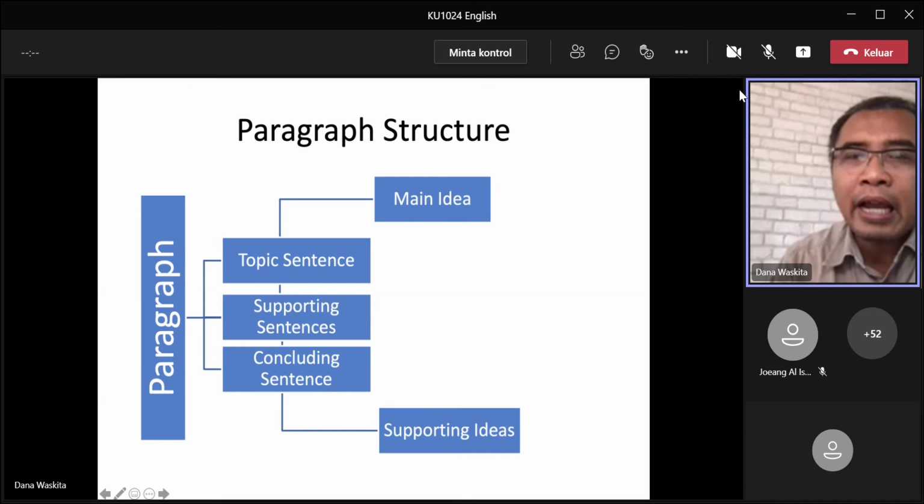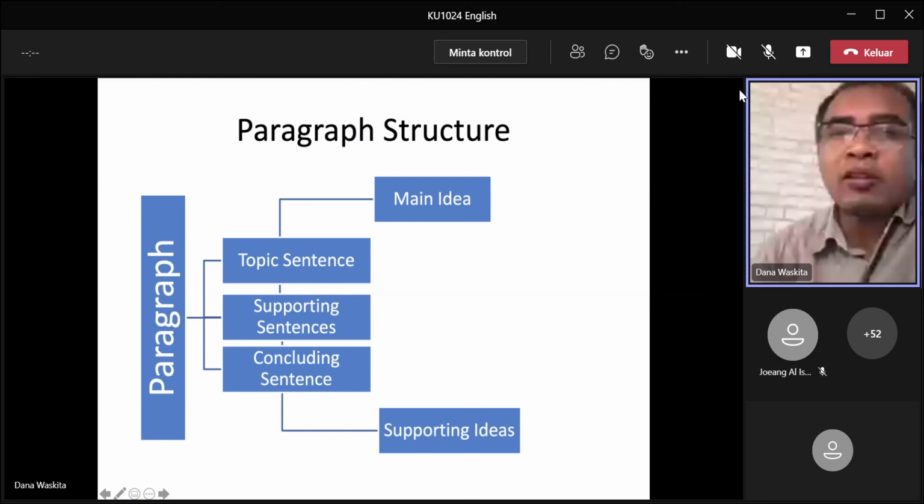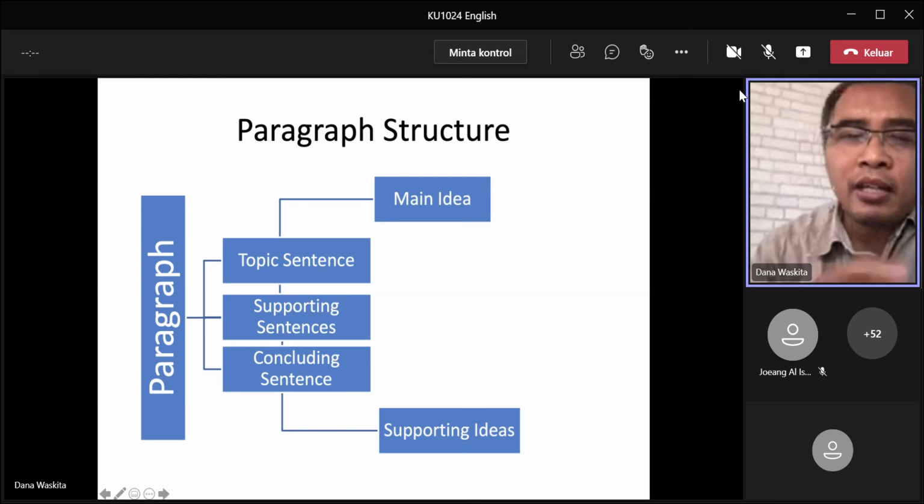Ya, jadi ada yang tersirat, ada yang tersurat. Kalau topic sentence-nya sama dengan main idea, atau kalimat pertamanya mencakup gagasan yang ada di paragraf itu, ya itu berarti explicitly stated, the main idea is explicitly stated. But if you cannot find any sentence that can represent the whole idea, it is implied.